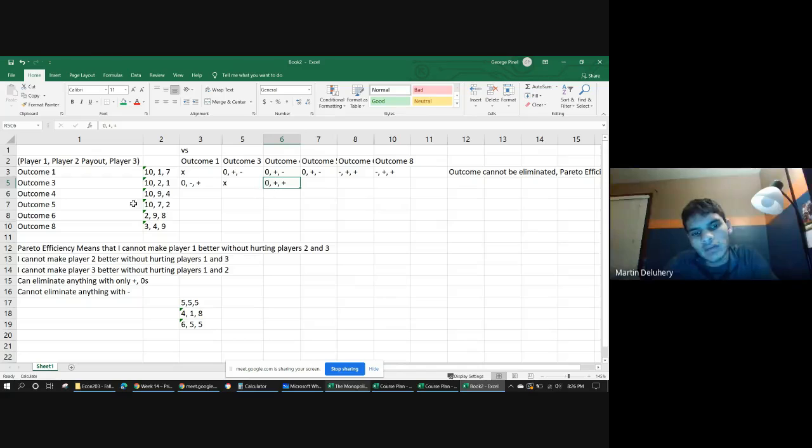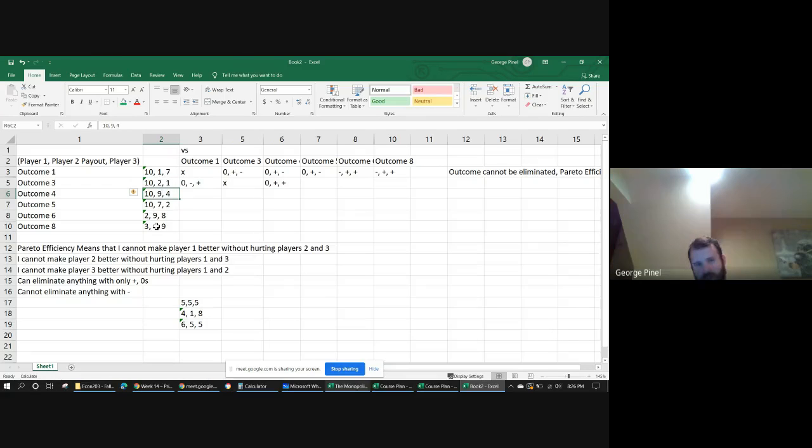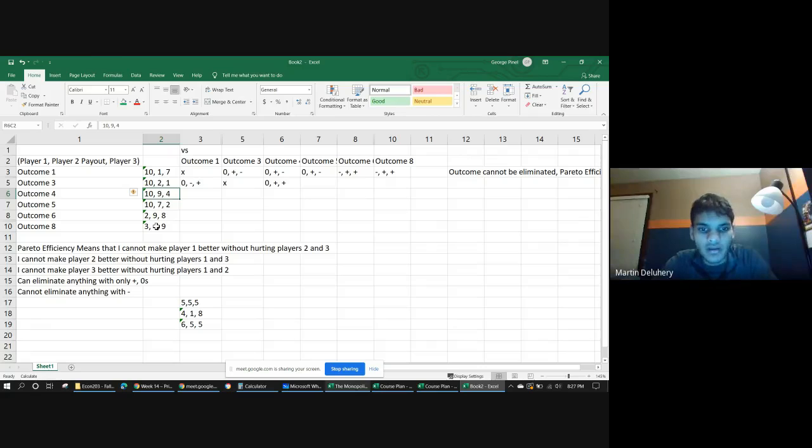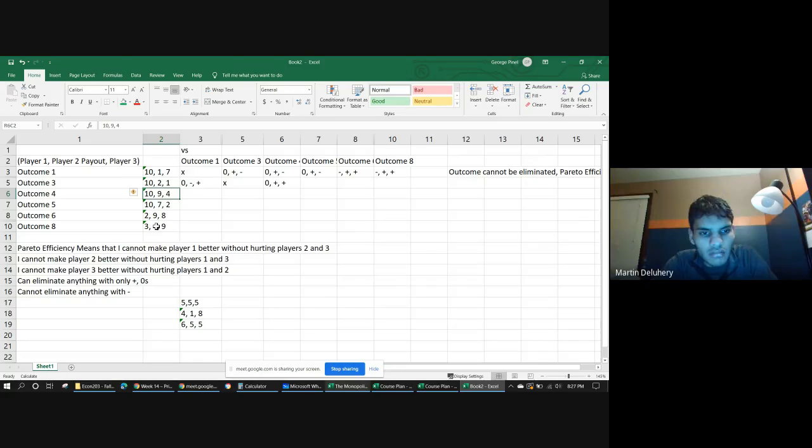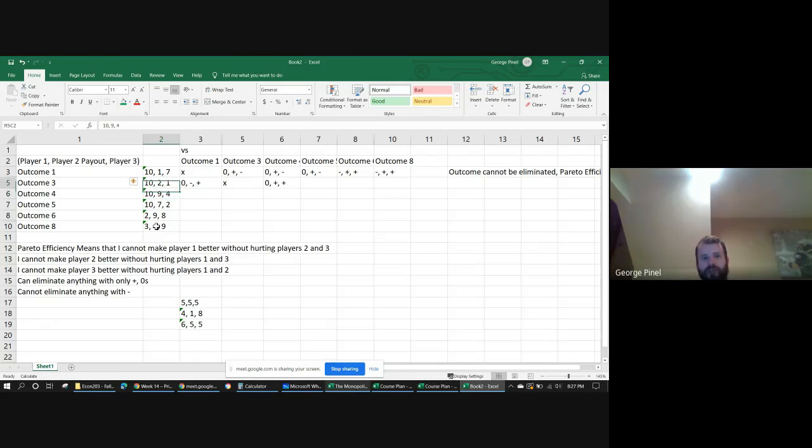Going from outcome 3 to outcome 4, does any player benefit? Two players benefit, but one stays the same. So can you make somebody better off without hurting the other people? Oh yes, because no one's getting hurt. Right. So because you can make somebody better off going from outcome 3 to outcome 4, that's why outcome 3 is not Pareto efficient.